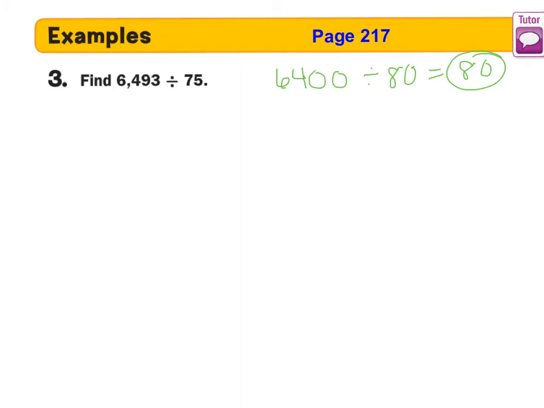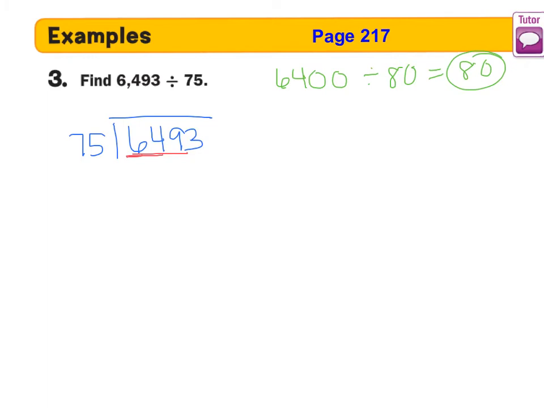But I need to rewrite the problem, and then I put the dividend, 6,493, inside the division symbol, and the divisor, 75, on the outside. And I start going through my steps, and first step is to divide. So let's see, 75 does not go into 6, doesn't go into 64, it goes into 649.